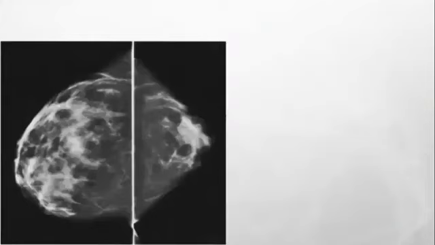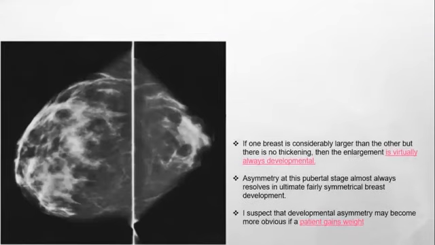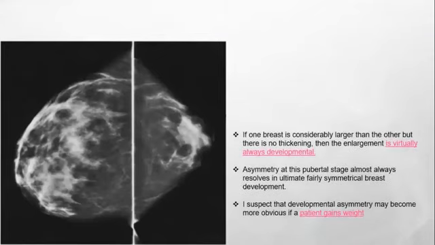And this asymmetry, but there is nothing associated with it. The left one is significantly smaller compared to the right. However, the parenchyma, the fat, the skin and everything doesn't show any abnormality. So since there is no abnormality associated with this, asymmetry will virtually always be developmental.